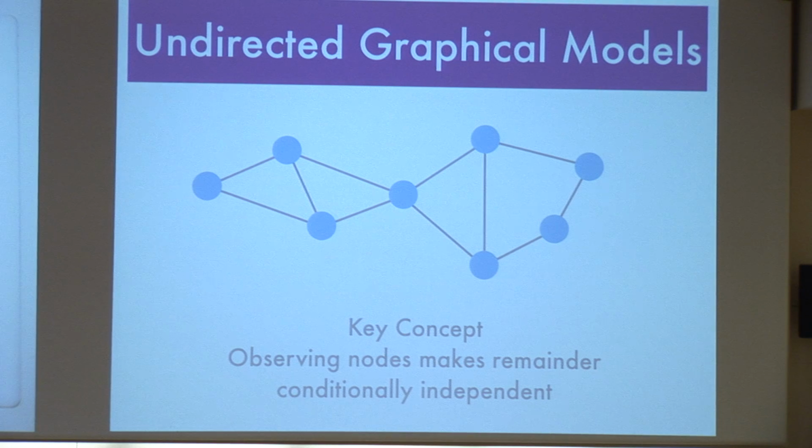Good. So let's pick some graphical model. This is now a general undirected graph. And I can ask, which variables depend on each other. So the first thing is that observing a variable here, like this one, makes the remaining components independent of each other, conditioned on that. So in general, the recipe is as follows.